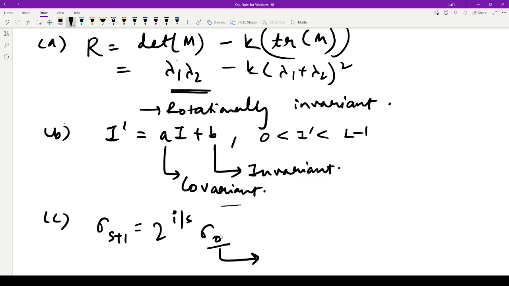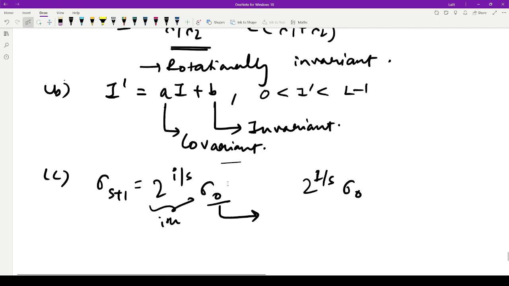If you apply this repeatedly, 2 to the power 1 by s times sigma, you are increasing the sigma with the ith scale. Once you increase the sigma with the ith scale, you generally make sure that this value is less than 2.